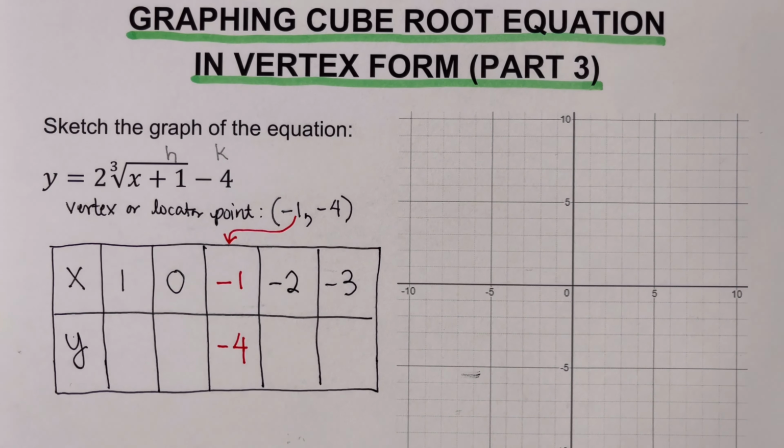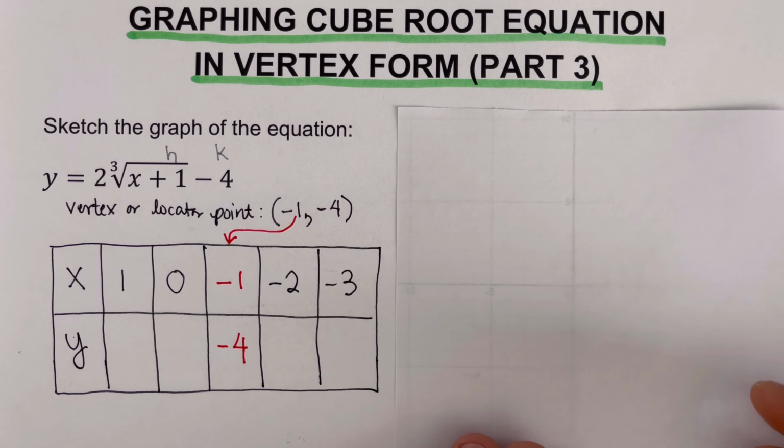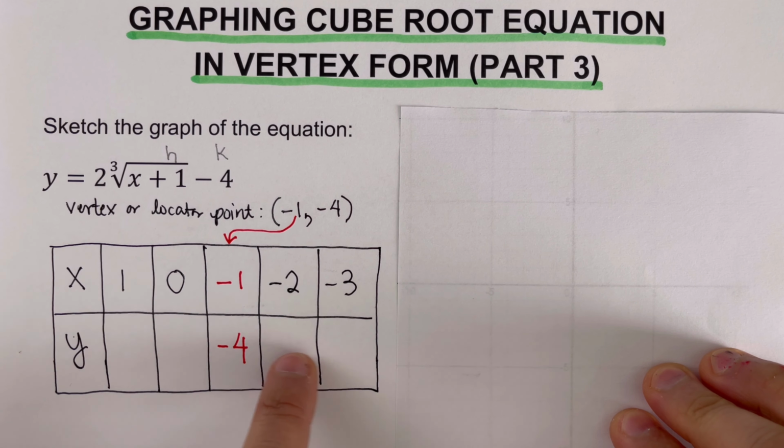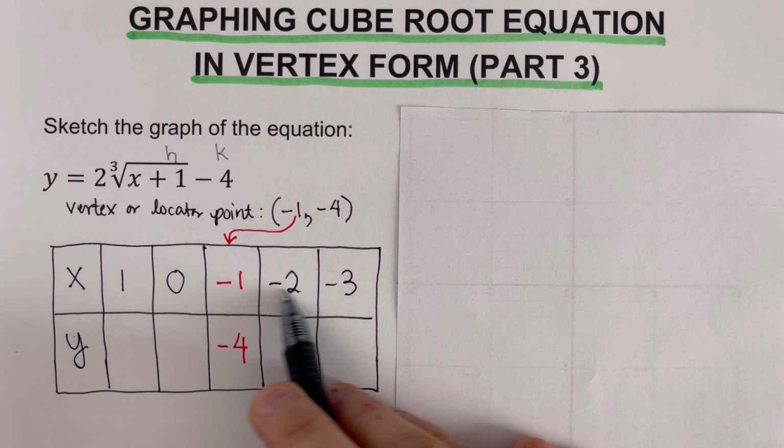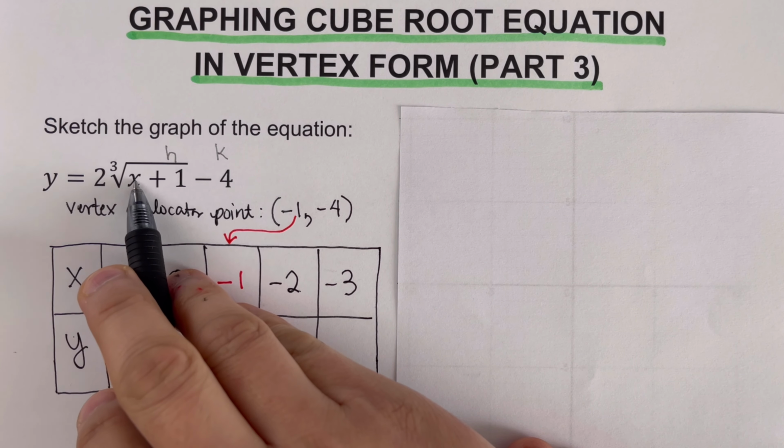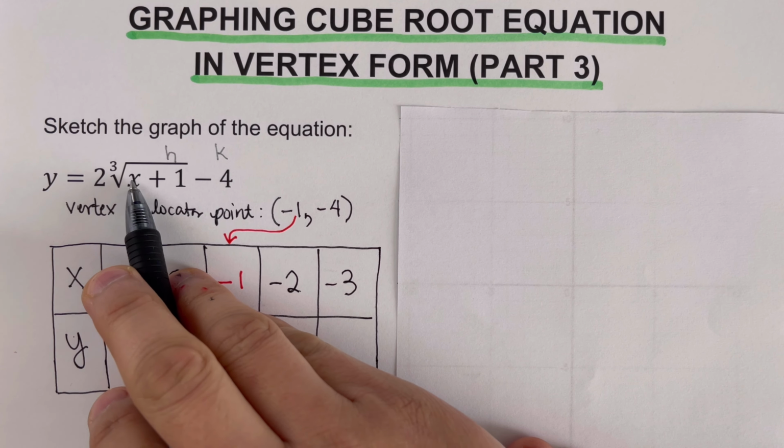Our next task is to show the work to determine the rest of the y values that are blank. We use the value of x that we wrote in this table, plug it into the x of the equation, and then solve for y.